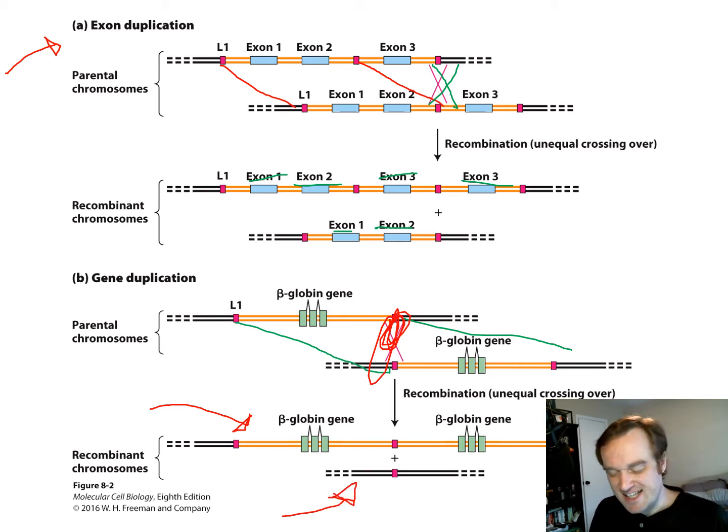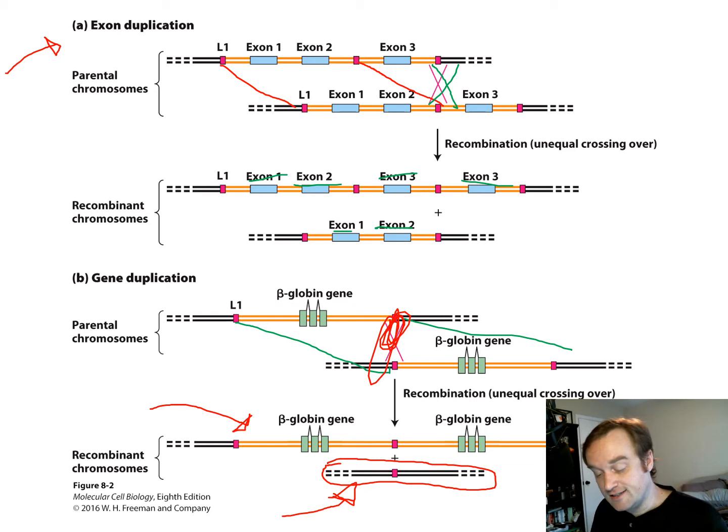So if this is an essential gene, it's likely that the second chromosome here, if that were the sperm or the egg that was fertilized, would lead to probably a non-viable embryo.